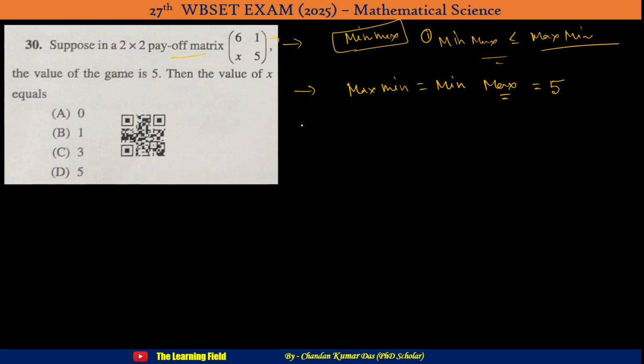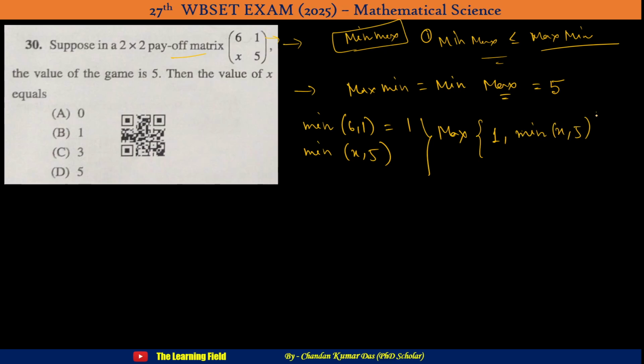The minimum of the first row, 6 and 1, is 1, and the minimum of the second row, x and 5. The maximum of these two minimums gives the max min. So this is the maximum of 1 and the minimum of x and 5.